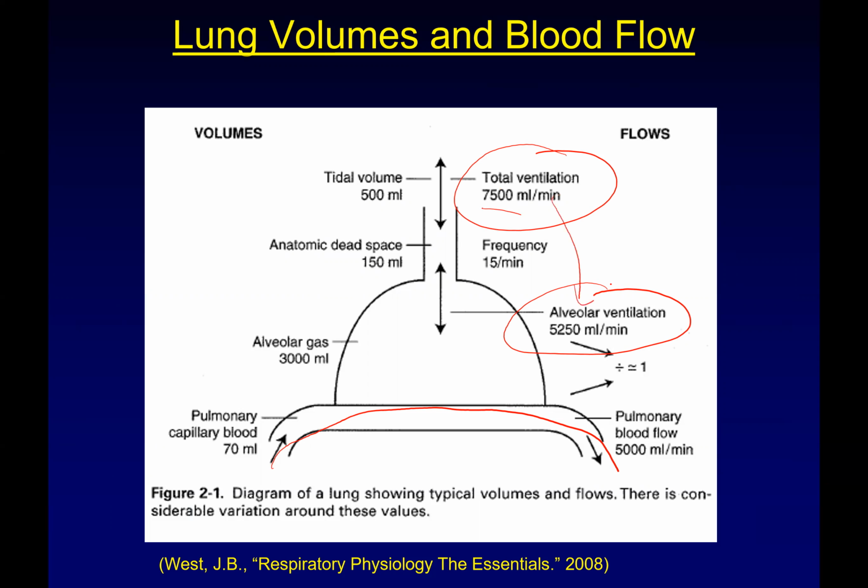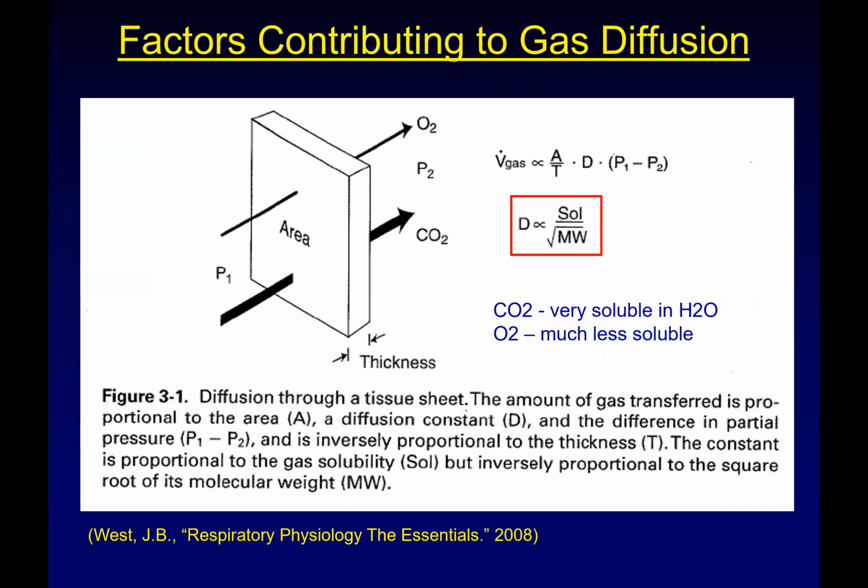But you will note that not all of that air makes it actually down into the alveoli, okay? And then you can see what we're getting from sort of pulmonary capillary flow and what's going to come through there, okay? You don't have to know any of these numbers. Again, this is just for illustrative purposes as I try to show you guys that we breathe air in, not all of it makes it to the alveoli. And then once it gets to the alveoli, not all of that is going to be able to diffuse, but we're pretty good at doing a lot of those kinds of things, okay?